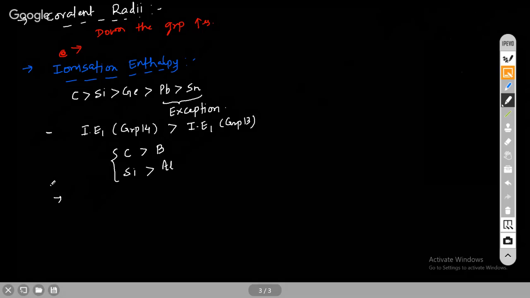Right? The general trend, don't write this, just listen to me. The general trend of ionization energy is what? As we go down the group, ionization energy decreases.